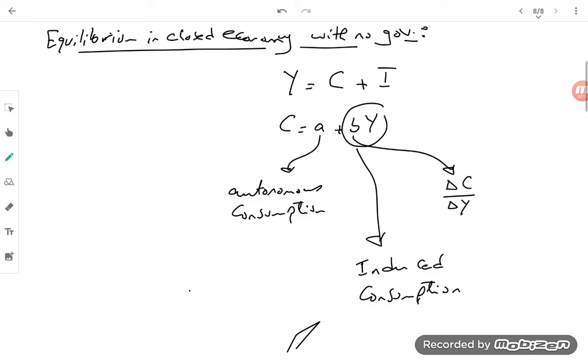So consumption is an endogenous factor, which means it's determined within this model. What about I?